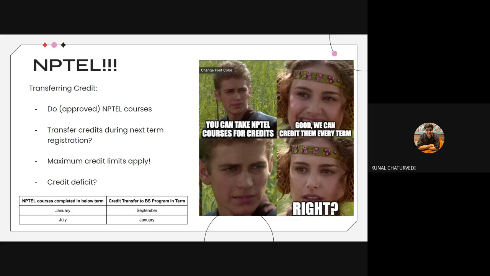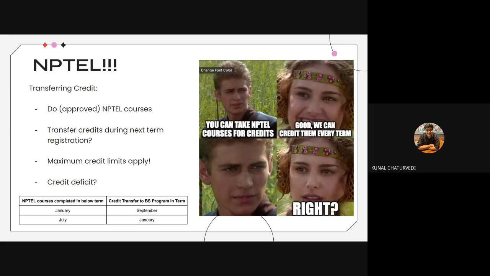All the courses that you do in the January to April term for NPTEL can only be credited into the BS program by September, and all the courses completed in the July term can be transferred into IIT-M BS in the January term itself.